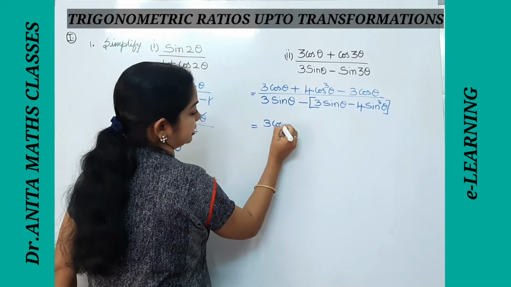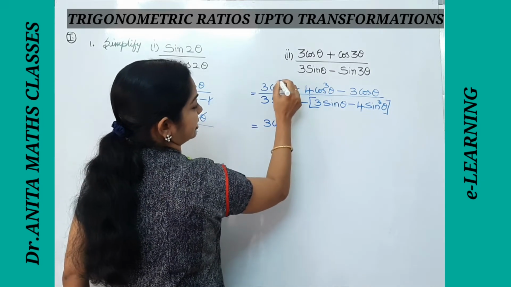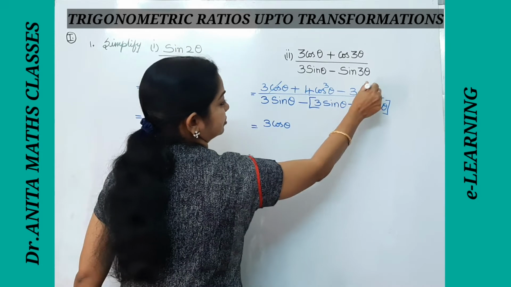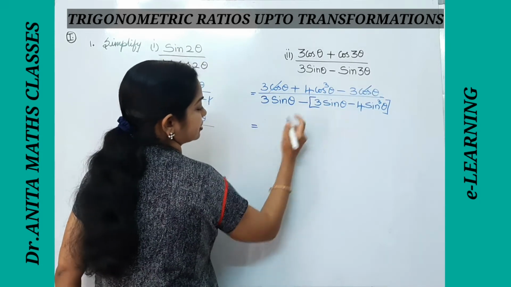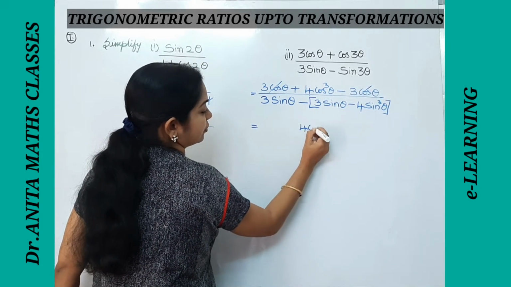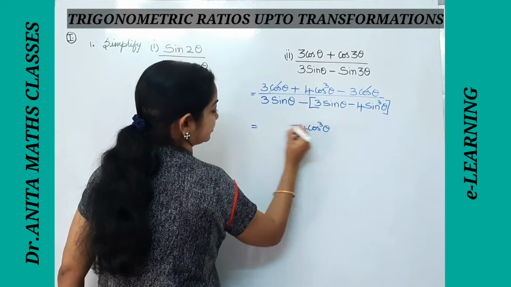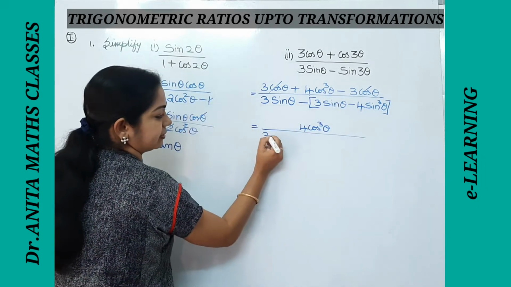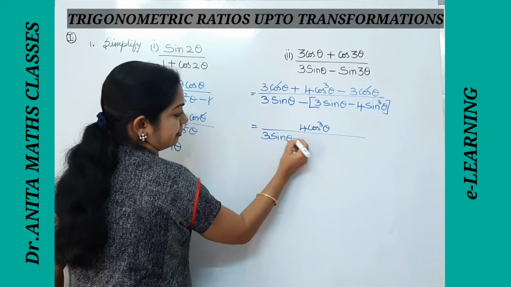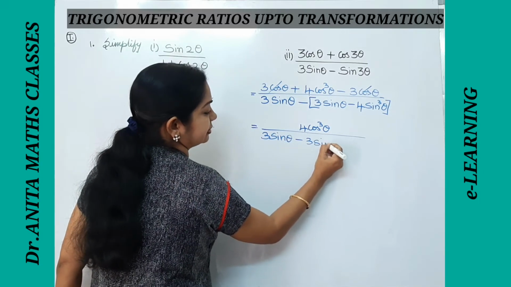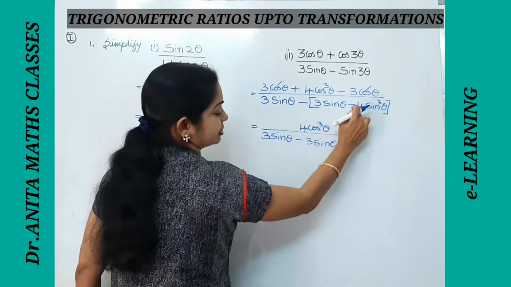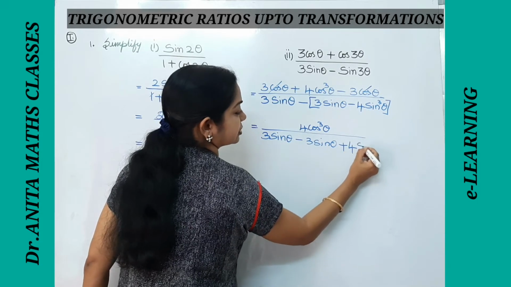3 cos theta and 3 cos theta, we can cancel off these two, isn't it? So we get above 4 cos cube theta. Below, let's open the bracket, 3 sine theta minus 3 sine theta cancels, and minus and minus into minus gives plus 4 sine cube theta.